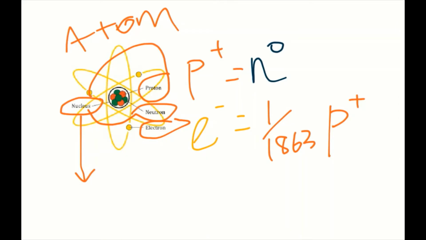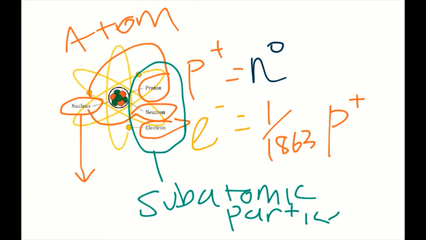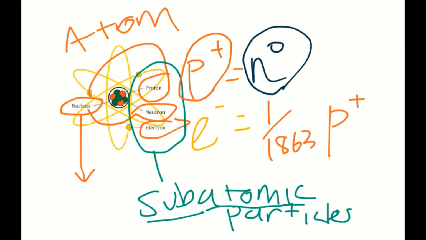So the proton, neutron, and electron are subatomic particles because they are smaller than the atom, which is why they're called subatomic, because they're under the size of an atom. So we write protons as P plus, we write neutrons as N with a 0 as a superscript since it's electrically neutral and doesn't have either a positive or negative charge.